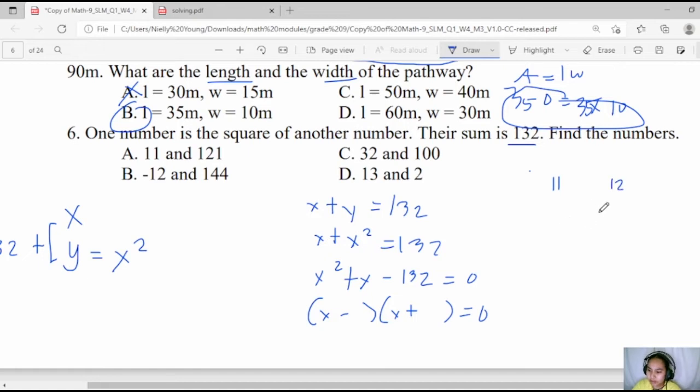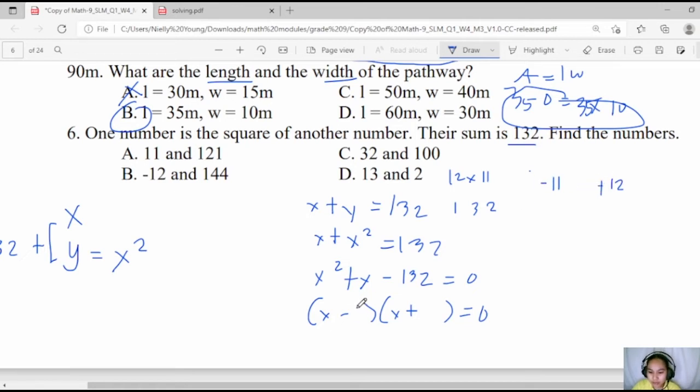Let us try 12 times 11. So 1, copy 1, and then 2, then 1 plus 2 is 3. That is correct, 132. So 11 and 12. Since this is positive, the greatest number should be positive. Since 12 is greater than 11, this is positive and this is negative.